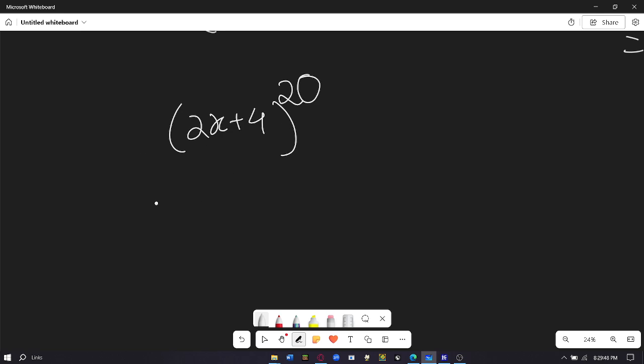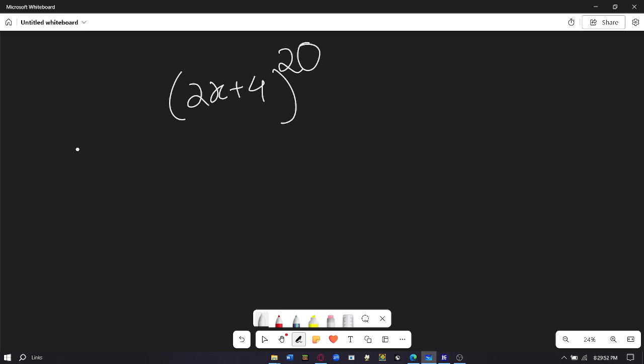And another extra thing, I'm pretty sure, I don't remember if we did it in class or not, if in any way we are told to find a differentiation of, let's say, something a lot like binomial type stuff, like 2x plus 4 to the power of 20, you can use this small formula where you bring this to the front, we minus 1 from here, and then we find the differentiative value of the one inside.